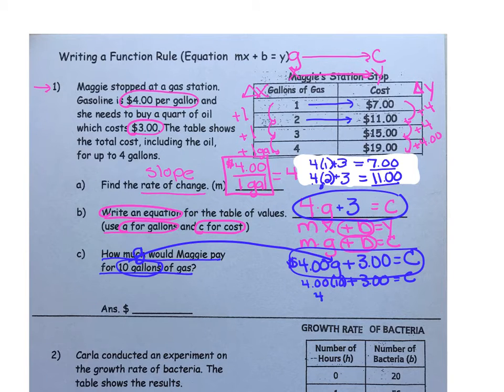Well, 4 times 10 is 40, but we have to add $3 for the oil. Total amount, $43. Using this 4-step process, we can figure out the final answer is $43.